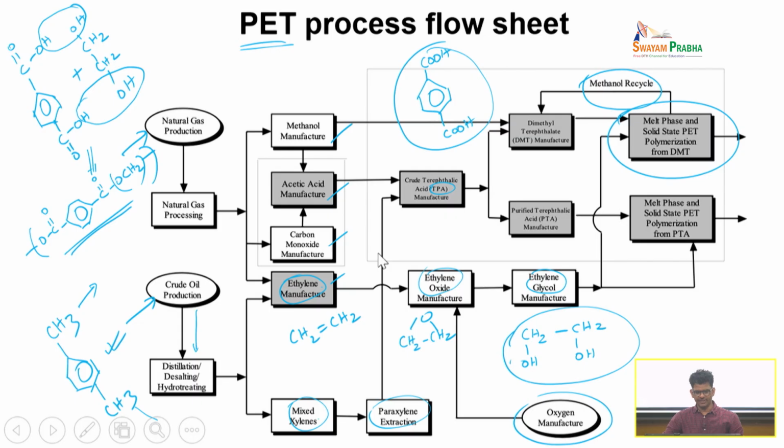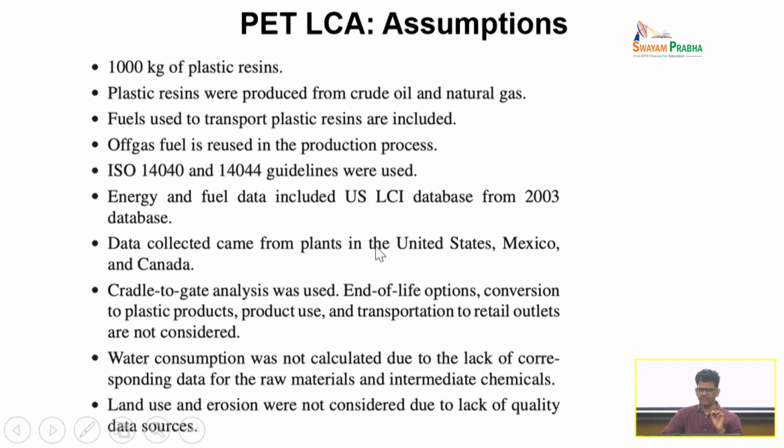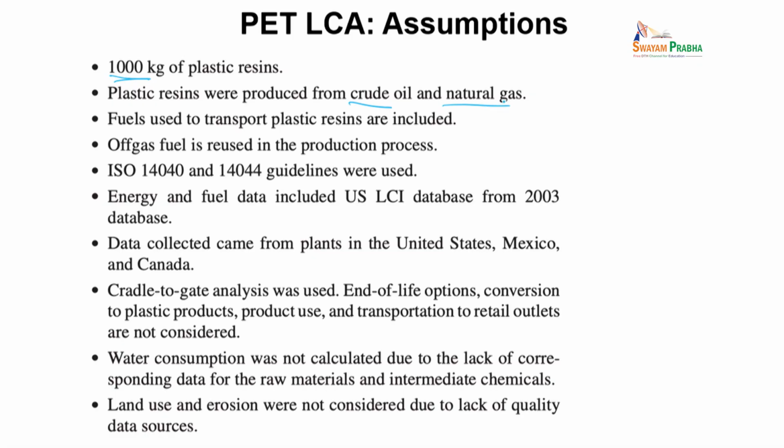Once we have this, we make assumptions. The LCA has to be done based on a particular assumption. Here the calculation is made for every 1000 kilogram of plastic resin, in this case PET resin. The natural capital we use in this case is crude oil and natural gas.